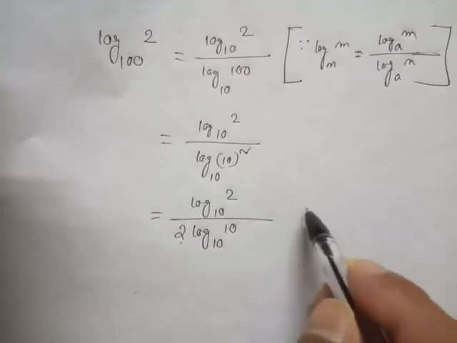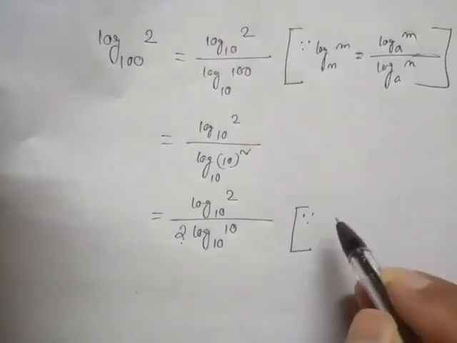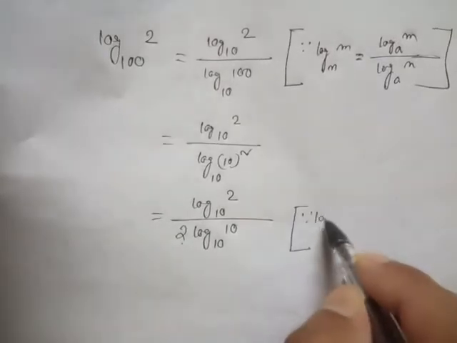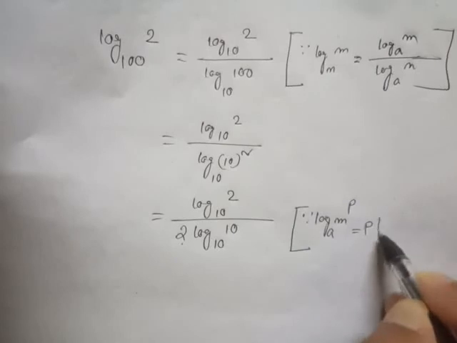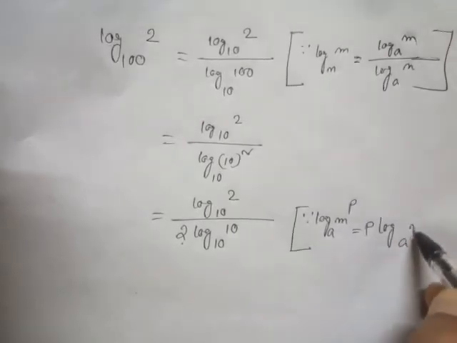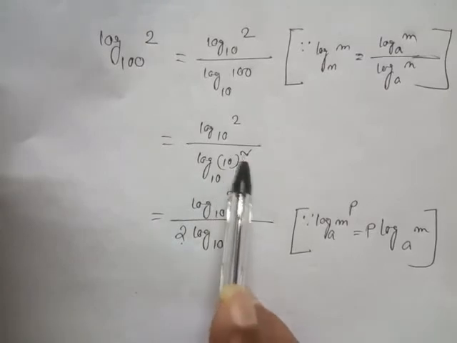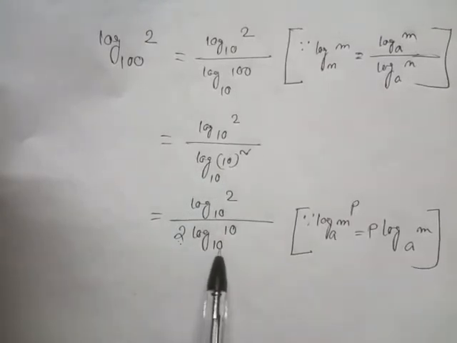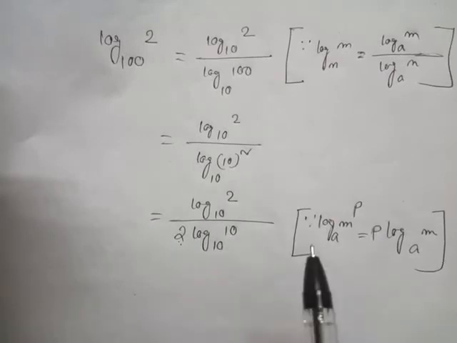Now using the formula log base a of m to the power p equals p into log base a of m, so p into log a of m. Now log base 10 of 10 again equals 1.